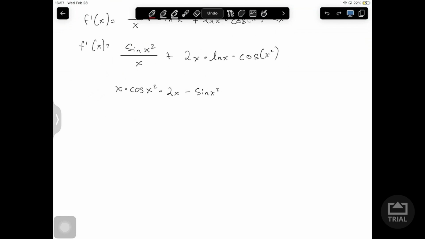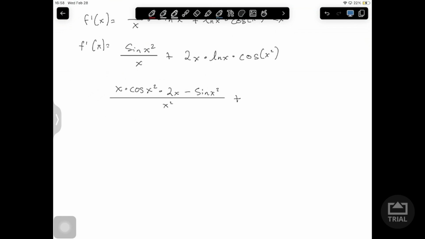Don't forget that in the quotient rule, all of our low d-high minus high d-low is over x squared in this case, or low squared. Now we're going to do plus.